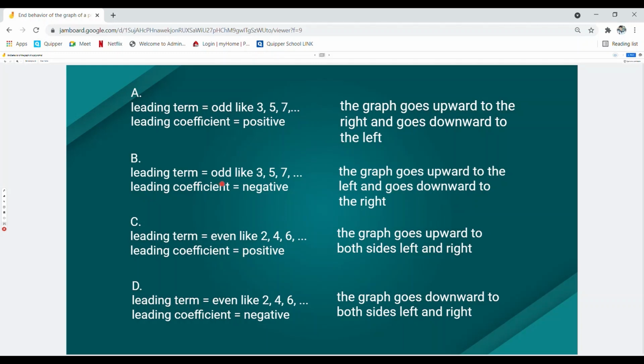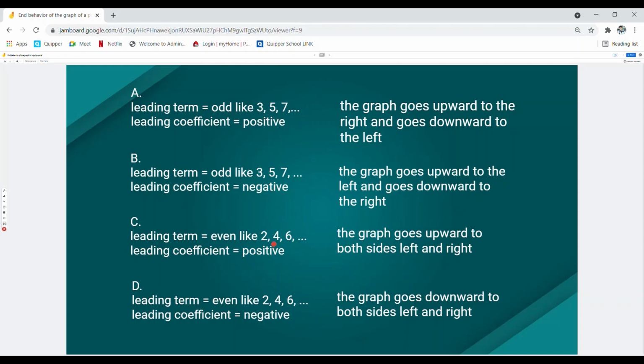And if the exponent is odd and the leading coefficient is negative, the graph goes upward to the left, but downward to the right. So downward to the right, rising to the left. It's opposite to letter A. So A and B are talking about polynomial functions with odd exponents.